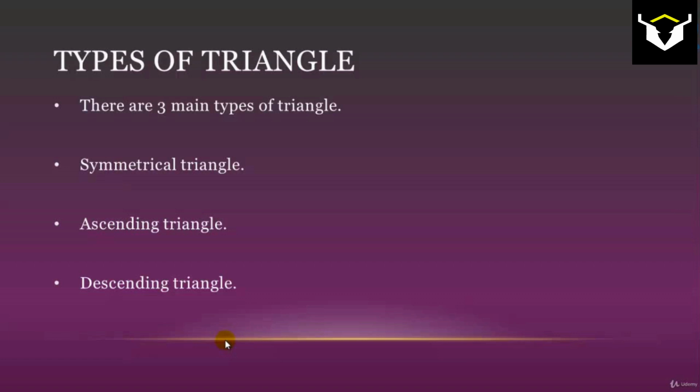Now that we have learned everything about triangles, let's go ahead and learn the types of triangle. There are three main types of triangle: symmetrical triangle, ascending triangle, and descending triangle.